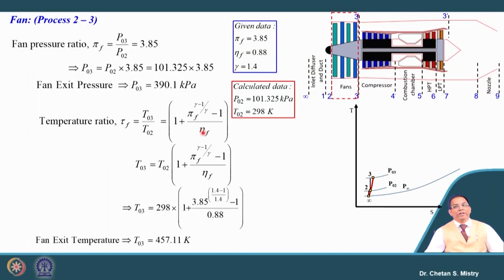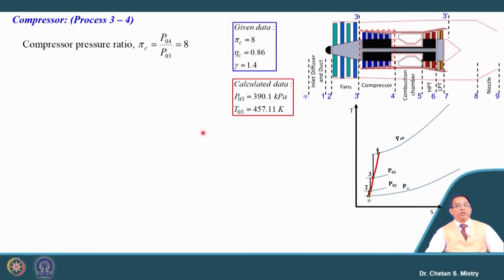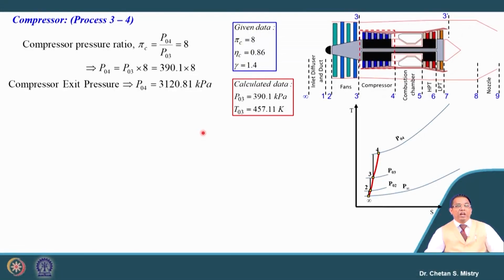So, let us see what next we have is our compressor, and for this compressor our pressure ratio is given as 8 and compressor efficiency is 86%. Based on the compression ratio, we can calculate the exit pressure from the compressor. It is 3120.81 kilopascal.